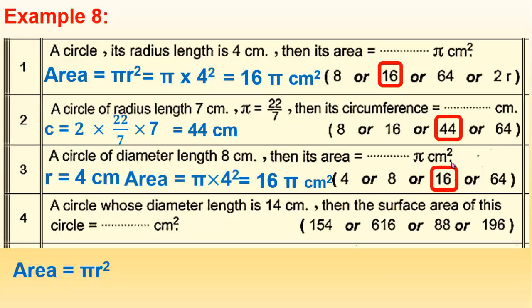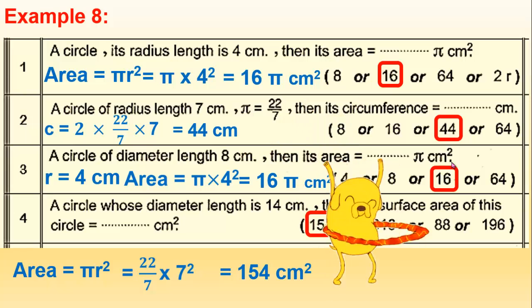So I am going to calculate the radius, and I know that the radius is half of the diameter. So the radius is 7 centimeters. So 22 over 7 times 7 squared, my area is equal to 154 centimeters squared. And finally, we finished today's lesson.